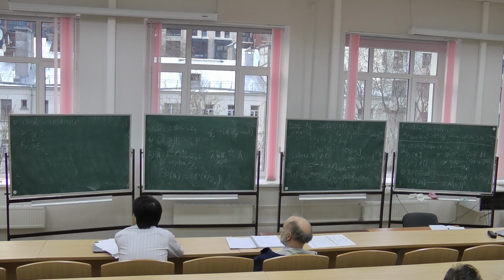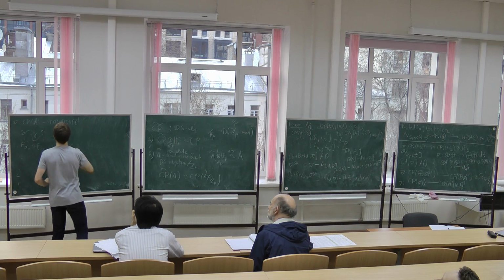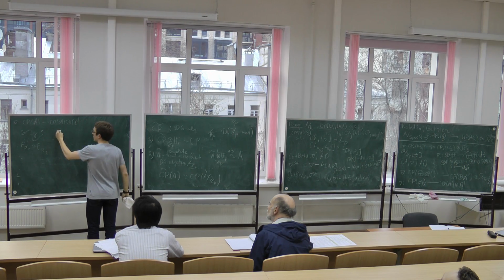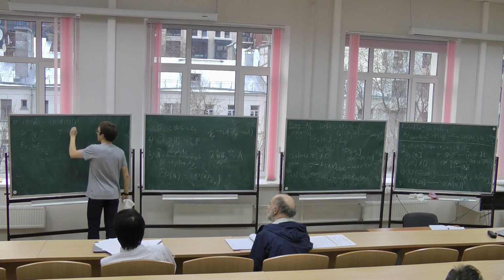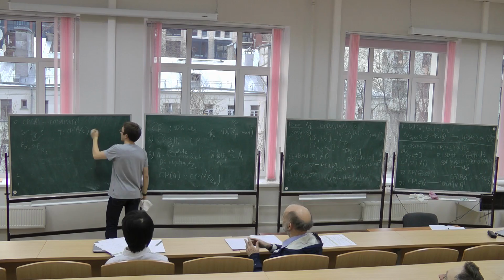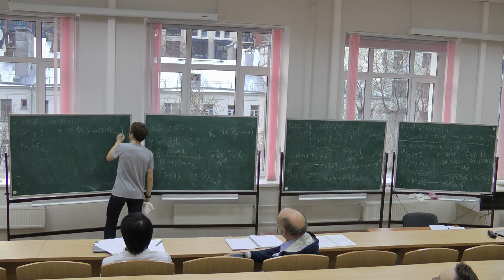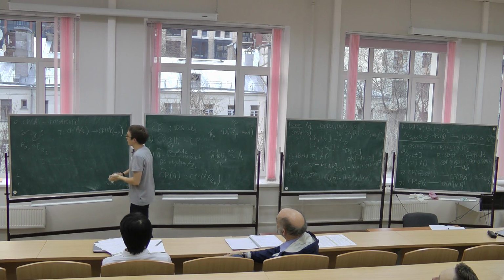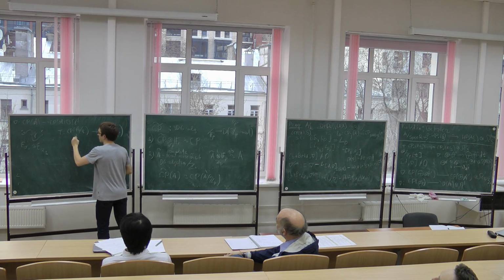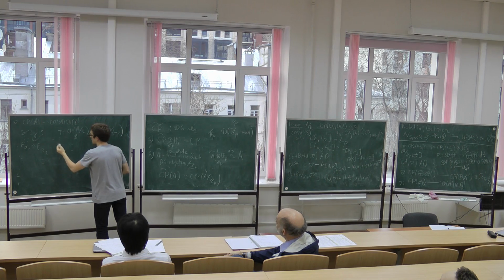But how to translate it into our setting? Let's take time to write this. So there is a map T from HP of the fiber of A over 0 to HP of the fiber of A over P. So what happens? I pick some s here, and lift it to a section s tilde, lift it to a global section.